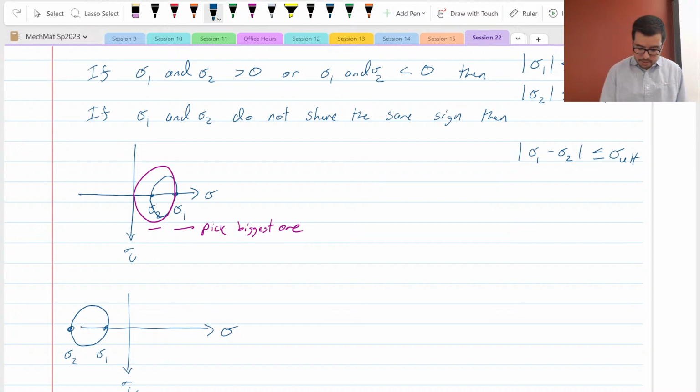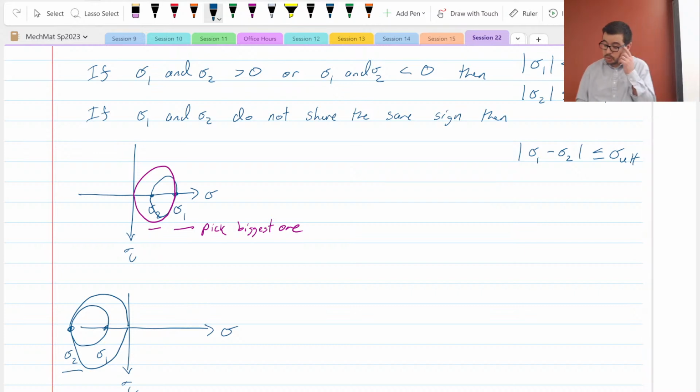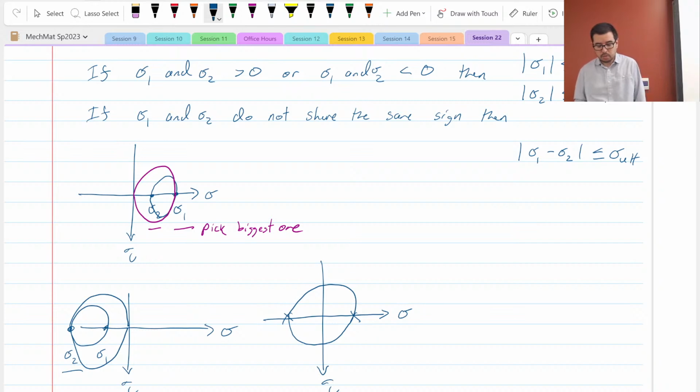But again, we're looking at the largest one, the one with the largest magnitude, and it needs to be less than the ultimate tensile strength. If you have one here, then yes, we start to look at the difference between these two.